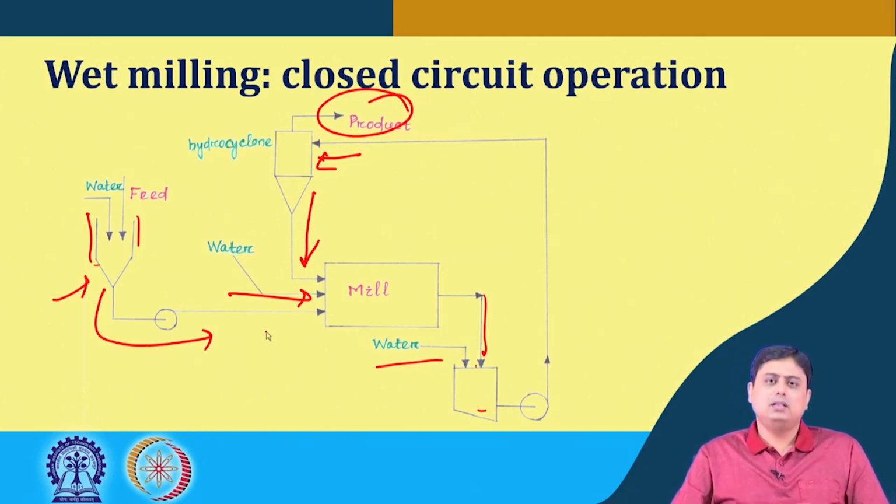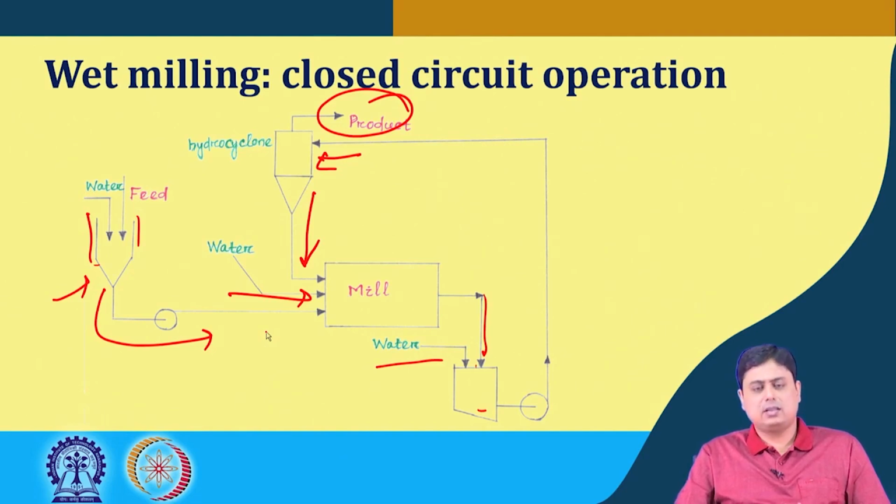We have also seen wet milling and dry milling operation. In the wet case, we have water as the carrier medium. In the dry milling case, we have dry air as the carrier medium. Both have their pros and cons. Based on this, we have to choose an appropriate size reducing equipment.